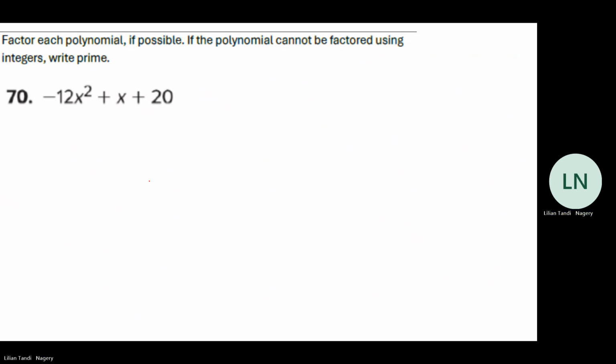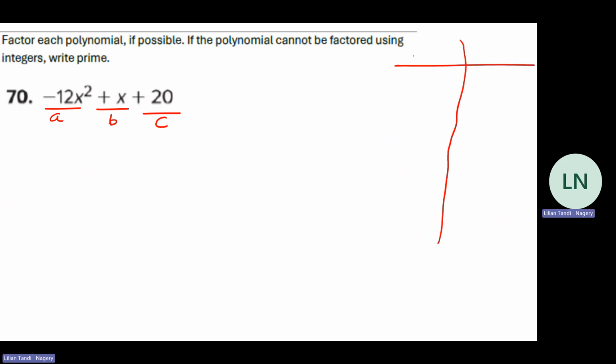Okay, so we have here my A is negative 12, my B is 1, and my C is positive 20. So I'm going to draw my table, and I'm going to write my B is 1.